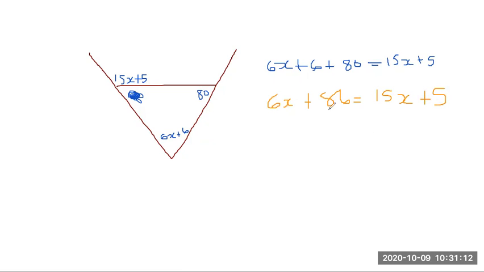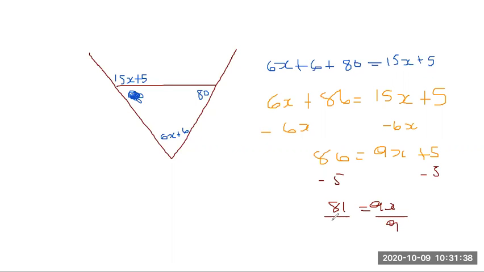Now I'm going to put my x on the other side, because why not? So I'm left with 86 equals 9x plus 5. And then I'm going to subtract 5 on both sides, which leaves me with 81 equals 9x. Then divide both sides by 9.